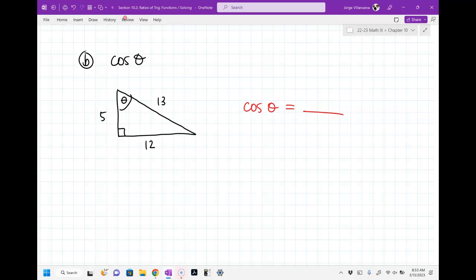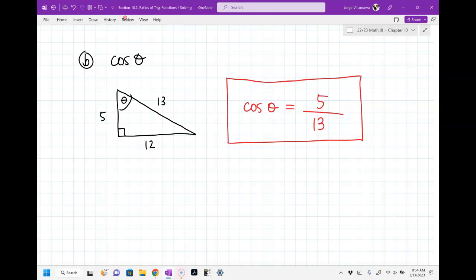The hypotenuse is the hypotenuse. So the longest side is 13, and the only other side next to the angle is 5. So 5 has to be my adjacent, and since it's adjacent over hypotenuse, that's over 13. There's your trig ratio: cosine of theta is equal to 5 over 13.